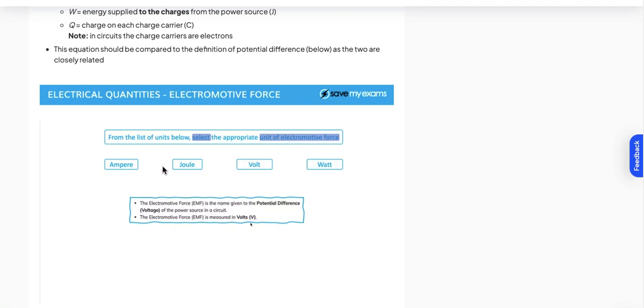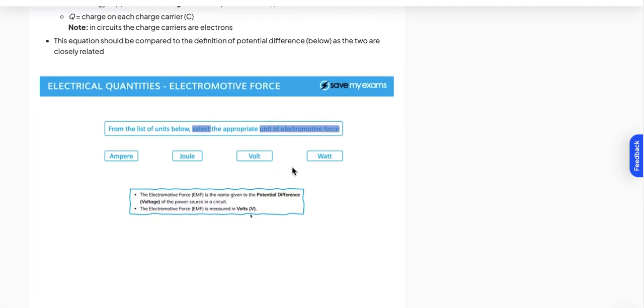This is in IGCSE exams. Ampere? No, ampere is for current. Anyone we mention, we should say what it stands for. Joule is for energy, so Joule is not for electromotive force. Watt is for power. Volt, yes. Volt is the unit of electromotive force.